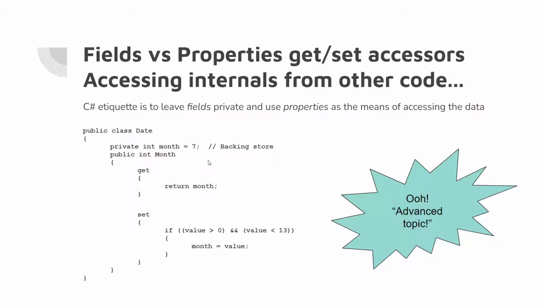You know there are 12 months. There aren't 13 months, there aren't 15 months, there's no 0th month. So anytime someone uses your data, you want to make sure the month they provide is between 1 and 12. C# and often other object-oriented programming languages have ways to help you enforce that sort of thing.